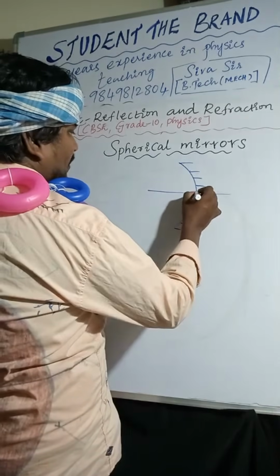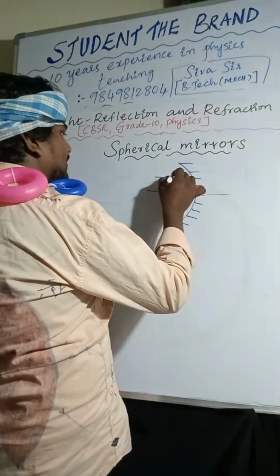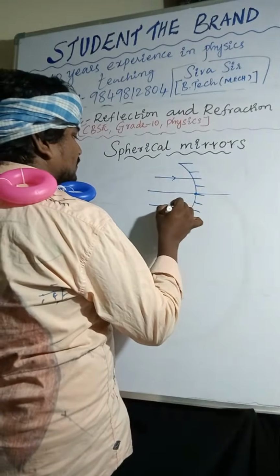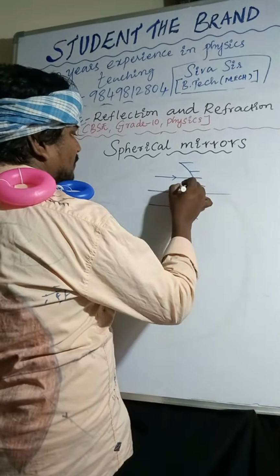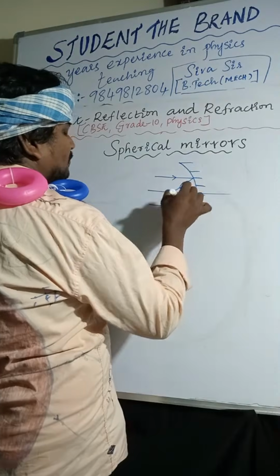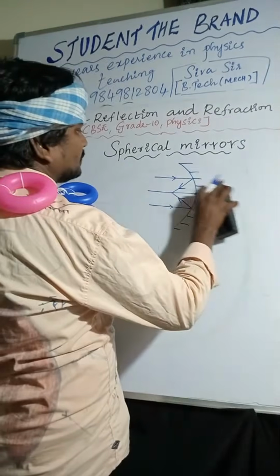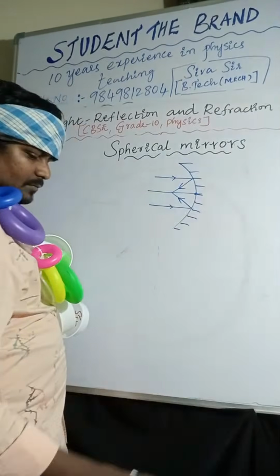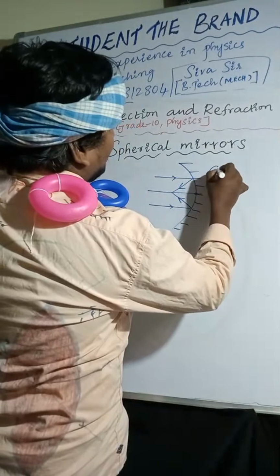So this is the pole. Here, after the incident ray falls like this on the object, actually this is the concave mirror.